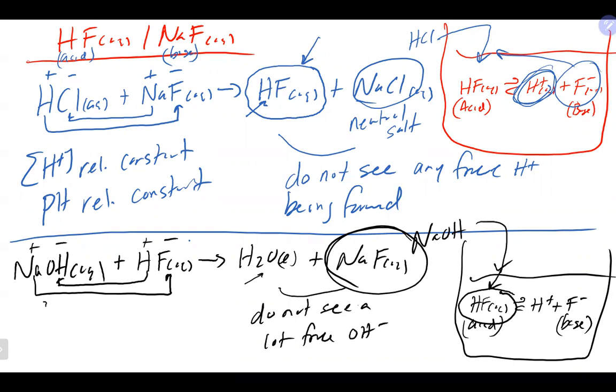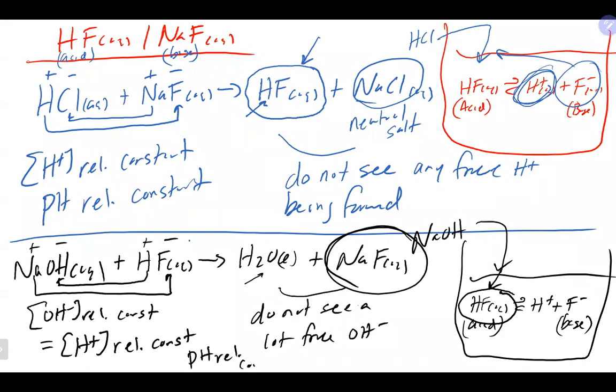And what that means is the concentration of OH minus is relatively constant, which means because H plus is tied to that, the H plus concentration will stay relatively constant. And that means that the pH will also stay relatively constant as well, because there's really no net change in the amount of H plus in that solution.